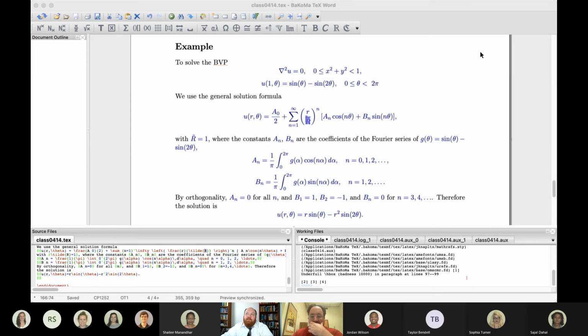Now, the next lesson will be on a somewhat different domain. It's going to be an annulus, so the area between two circles. I will cover in detail how to handle that situation.